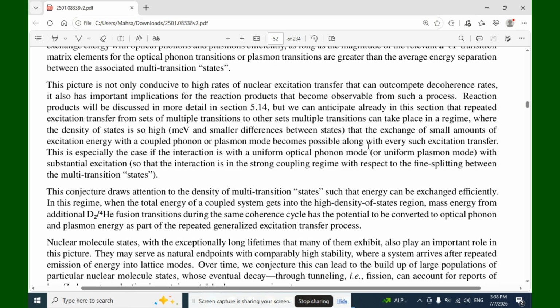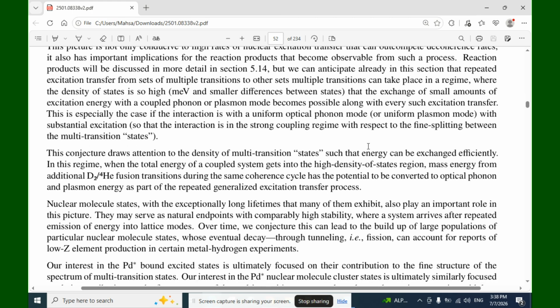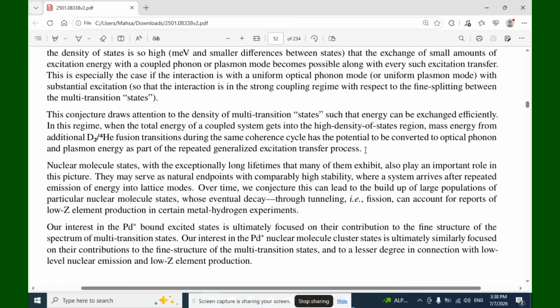That exchange of smaller amounts of excitation energy with the coupled phonon and plasmon modes becomes possible with every such excitation transfer. This is especially the case if the interaction is with a uniform optical phonon mode or uniform plasmon mode with substantial excitation, so that the interaction is in the strong coupling regime with respect to the fine splitting between the multi-transition states.